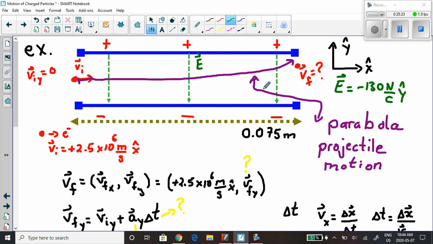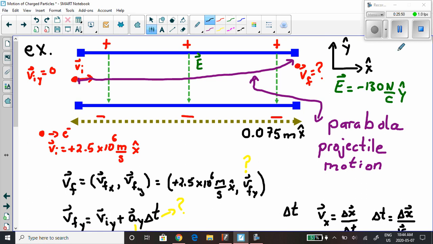What do we know? Well, we know that the plate has a certain length, 0.05 meters, and that is all in the x direction. And we know that there's an electric field, and the electric field is negative 130 newtons per coulomb y hat. So this is the electric version of our g, negative 9.8 meters per second squared, or negative 9.8 newtons per kilogram.